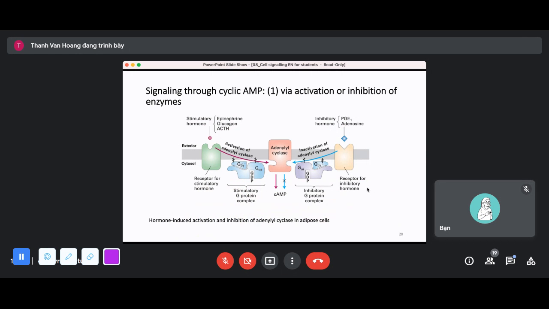So here, please remember the signal conduction can happen in both ways. We talk a lot about activation of the receptor, and also activation of target genes or target proteins.